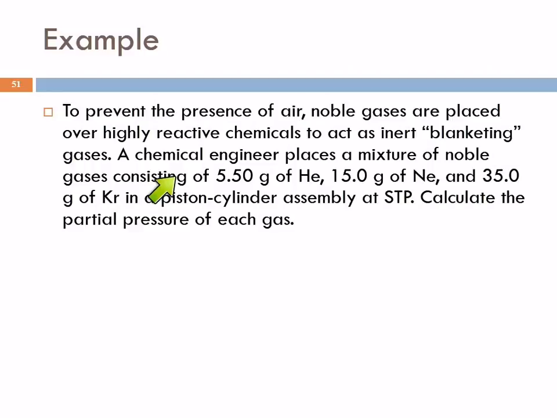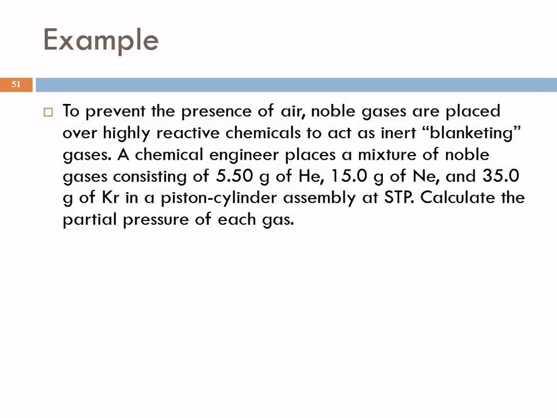So the chemical engineer places a mixture of noble gases consisting of 5.5 grams of helium, 15.0 grams of neon, and 35.0 grams of krypton in a piston cylinder assembly at STP. Calculate the partial pressure of each gas. Well, let's think about this.